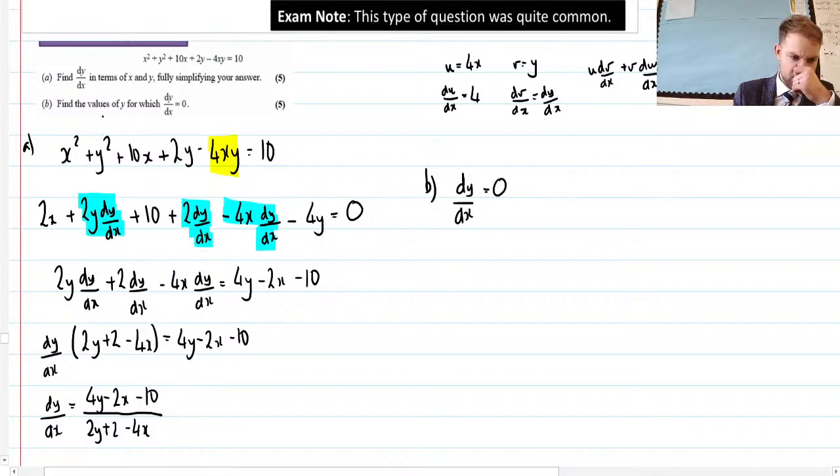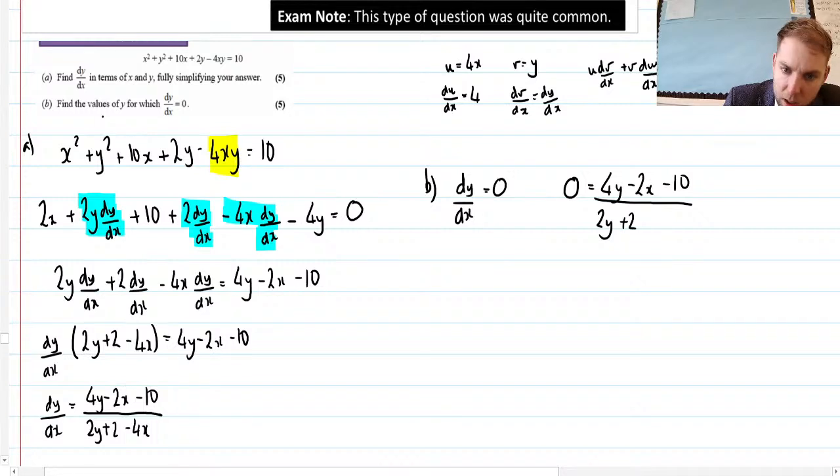That's what we want. So if I sub that into here, I end up with 0 is equal to 4y minus 2x minus 10 all over 2y plus 2 minus 4x.